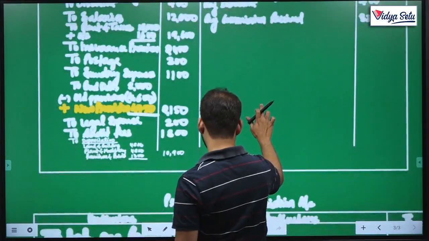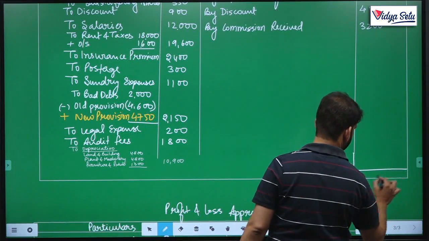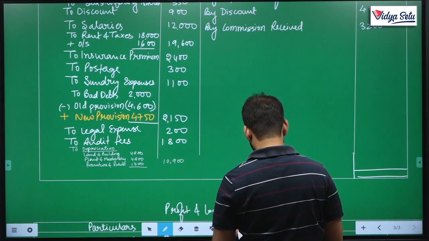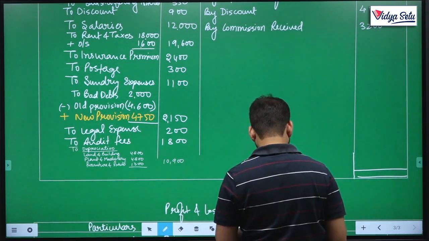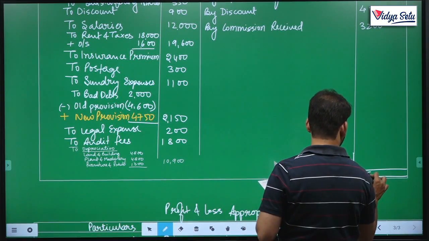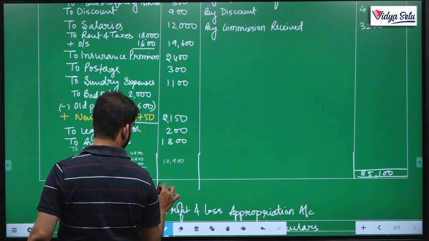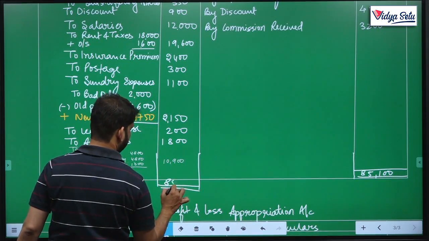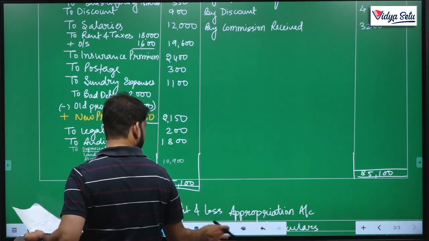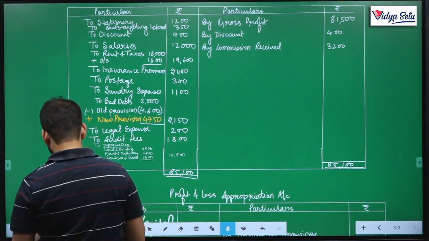Now, let us do the total. The total of this side comes to 85,100. And let us recheck whether we have written everything or not.